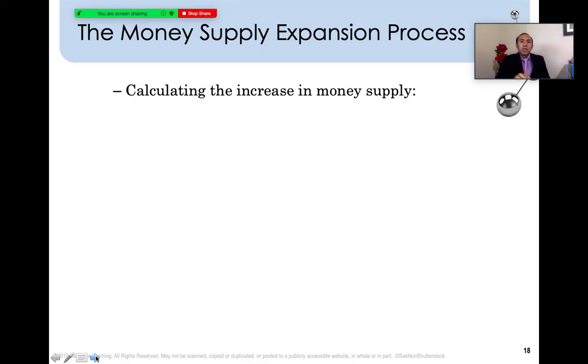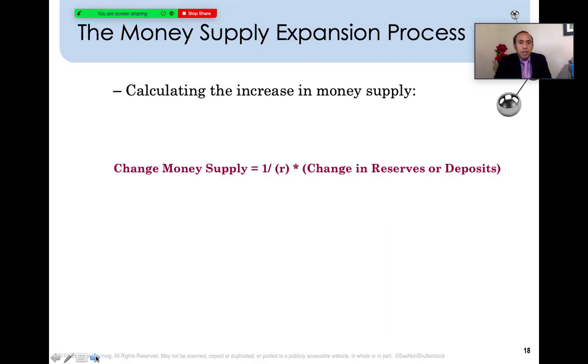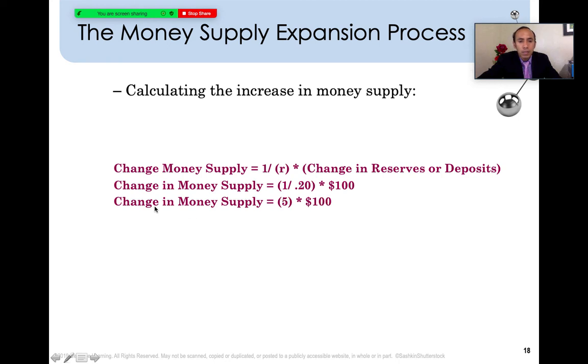Let's explain this further. Calculating the increase in the money supply, we're going to use the following equation. The total change in the money supply is going to be 1 over the required reserve ratio times the change in the amount of reserves or deposits that go into the institution. So the change in the money supply is 1 over 0.20, which is 5 as the money multiplier, times the $100 we inject.